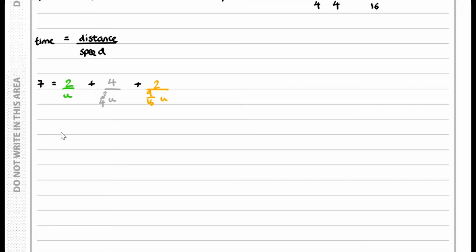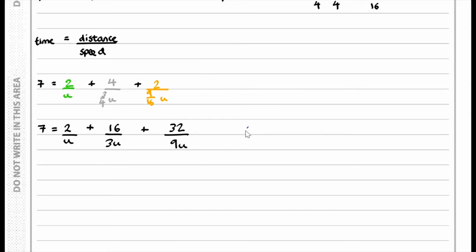Okay, and then we can rearrange this to find out what u is. So if we tidy all this up a bit, we have 7 equals 2/u plus 16/3u plus 32/9u.